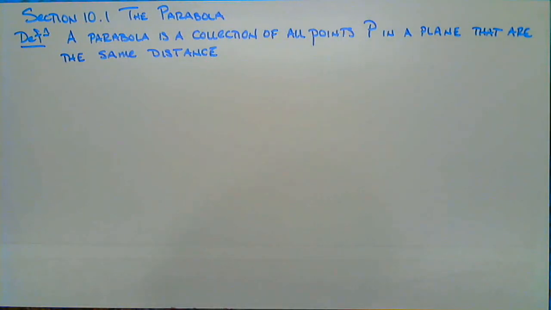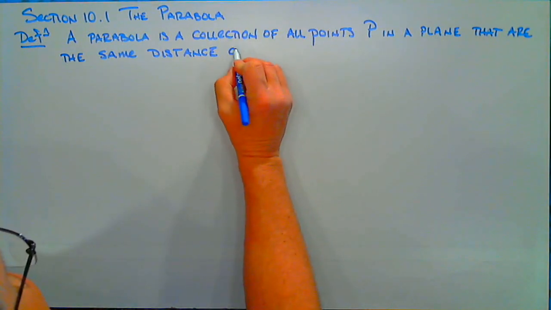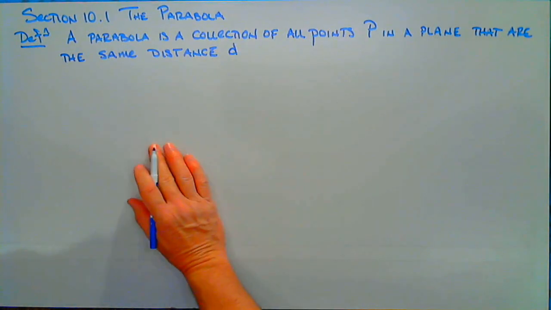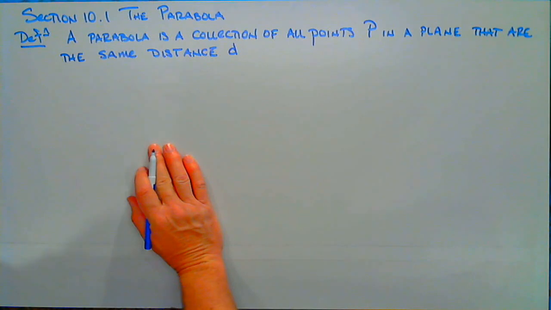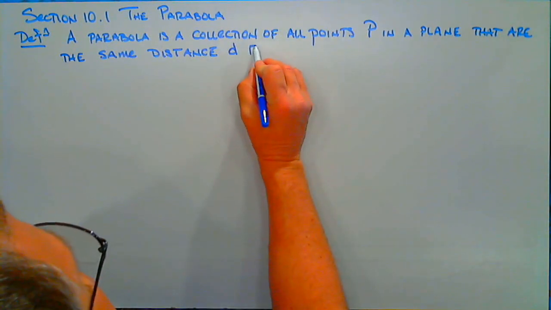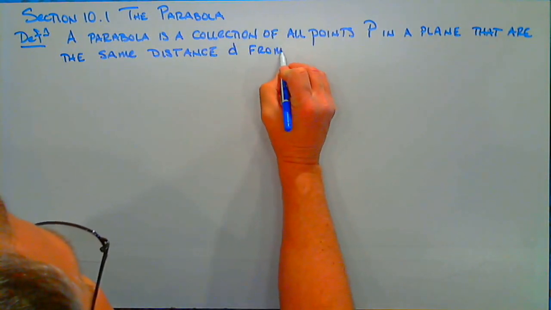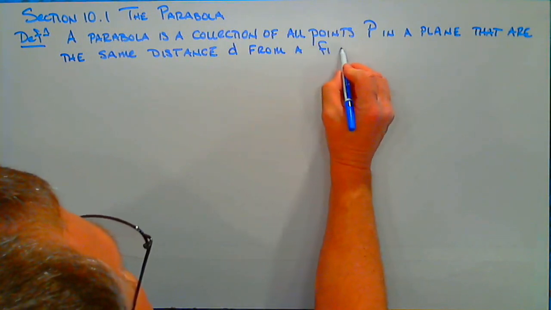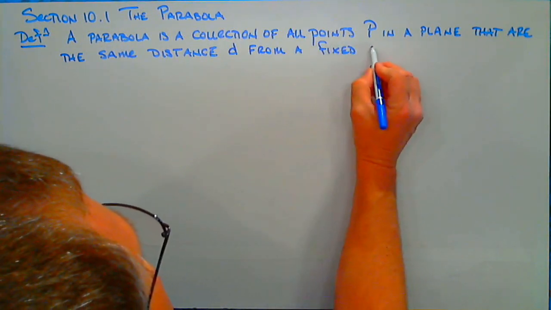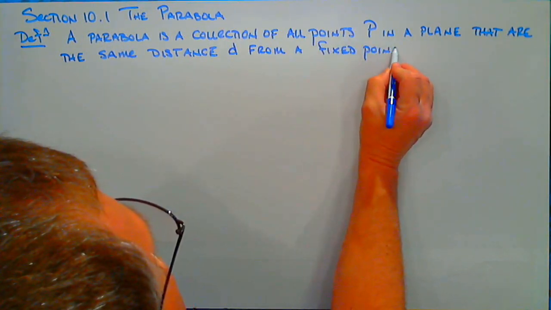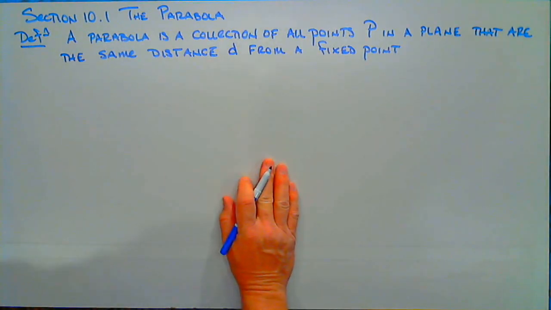All these points share a distance-based characteristic. They're all the same distance, and we're going to name that distance d. That's probably not the most original, but we're going to call it d, from a fixed point.